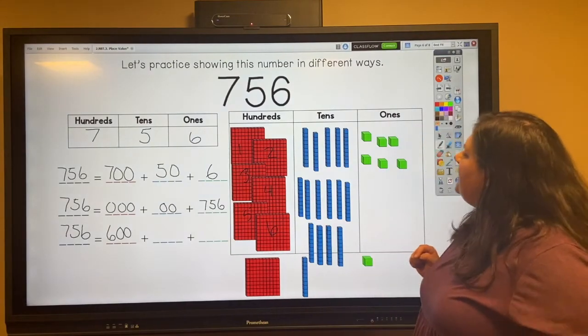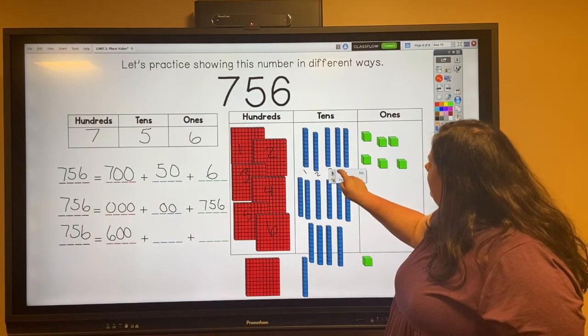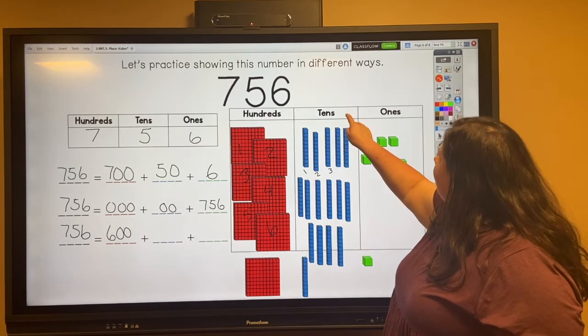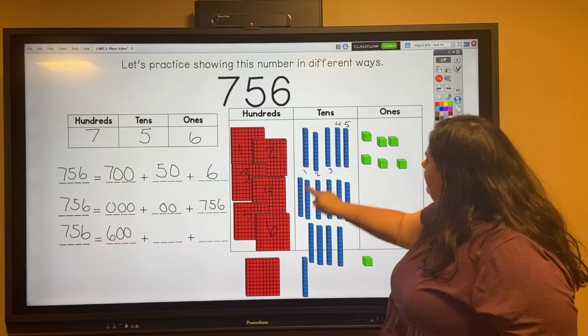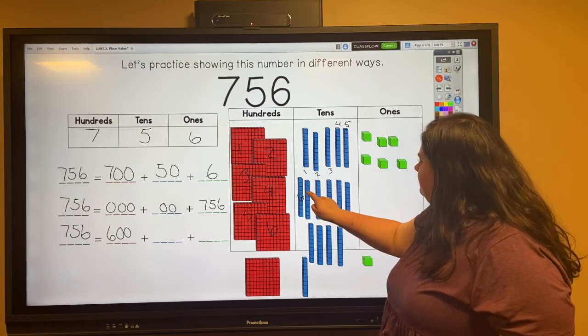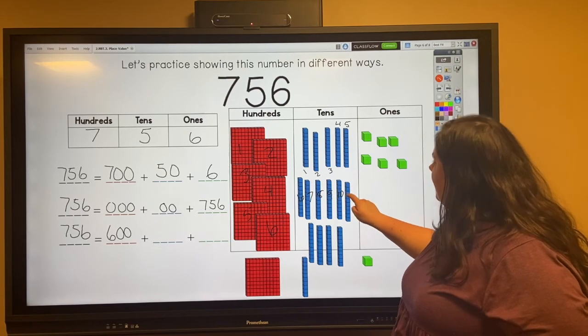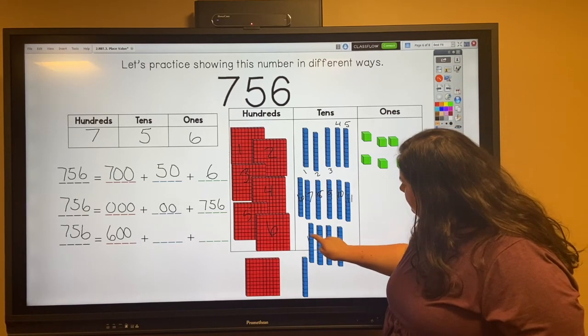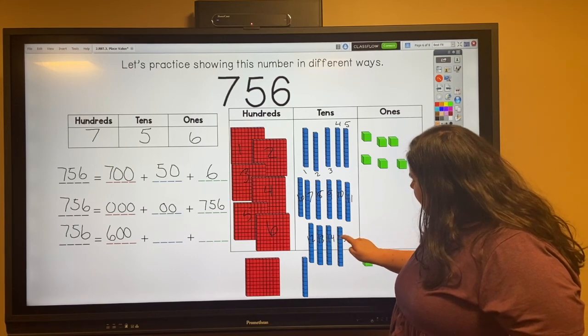I'm going to count up my tens now. So 1, 2, 3, 4, 5, 6, 7, 8, 9, 10, 11, 12, 13, 14, 15.